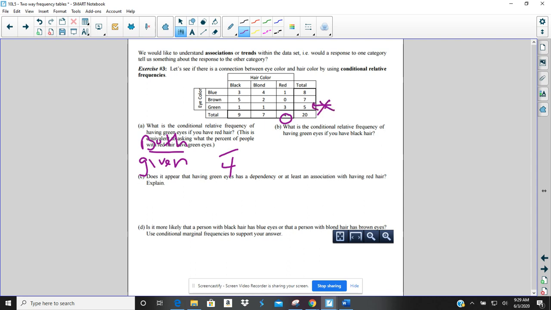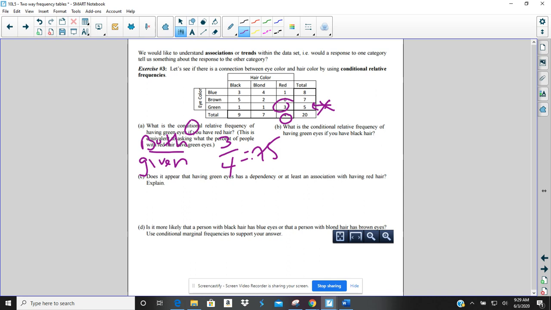That's not what I'm going to do. Because what I'm looking for is green eyes with red hair. That means both, right? So I'm going to go to green eyes and red hair, which is right here, which is 3. So the conditional relative frequency of having green eyes if you have red hair, the word if is super important, is 0.75.